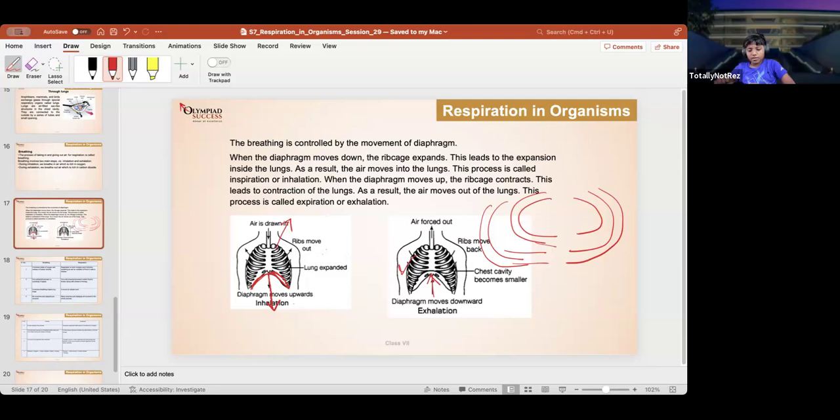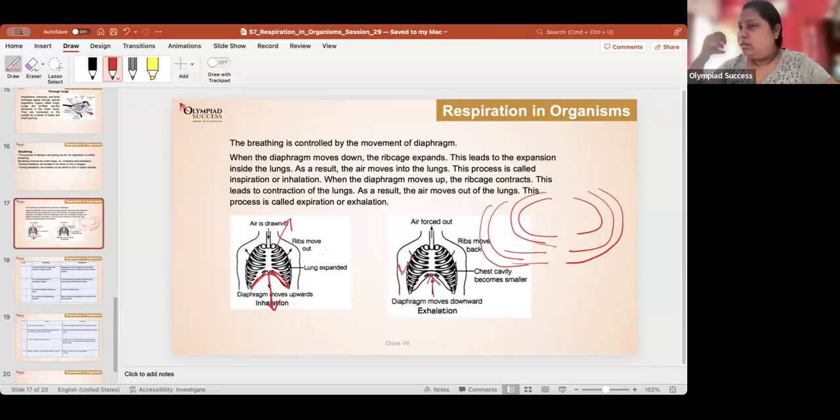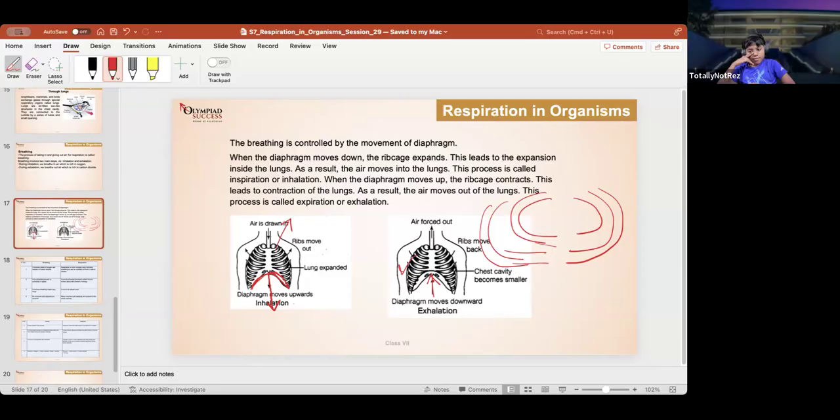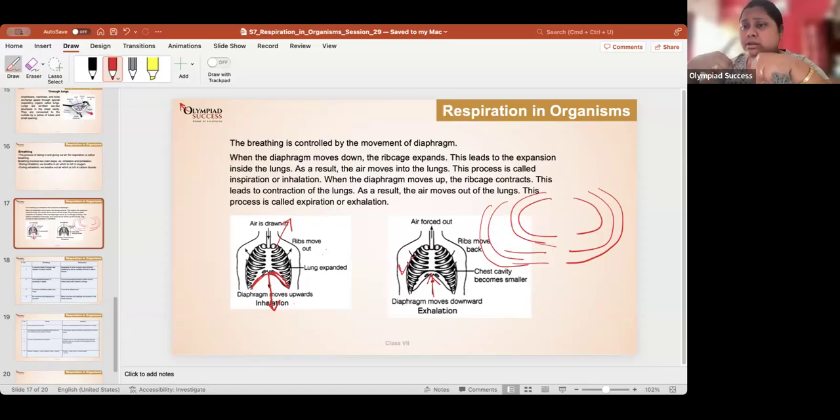So what will happen to the space inside? The space will reduce, so there will be more pressure inside, creating more pressure on the lungs. Lungs have more pressure as compared to the external environment. So air will move from higher pressure to lower pressure. So you will exhale.